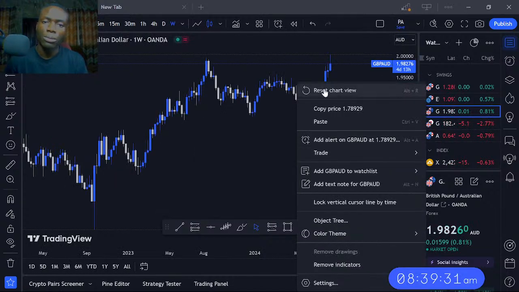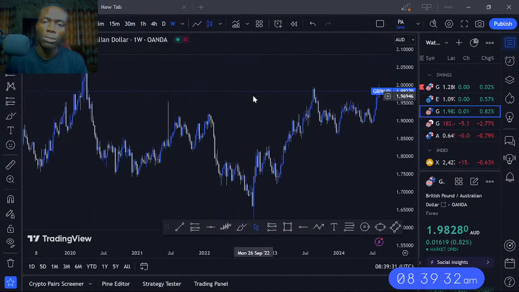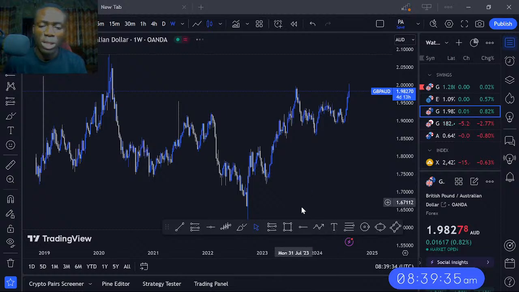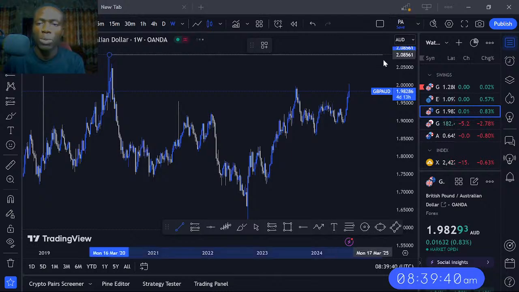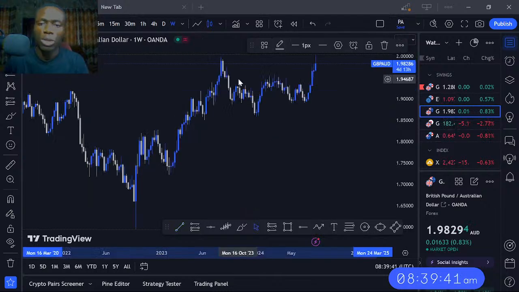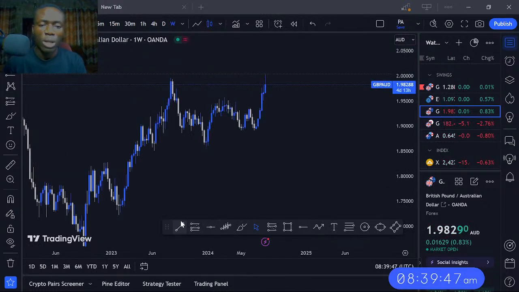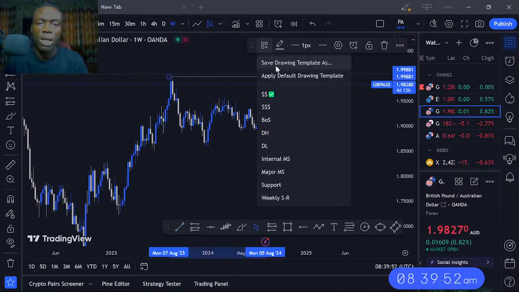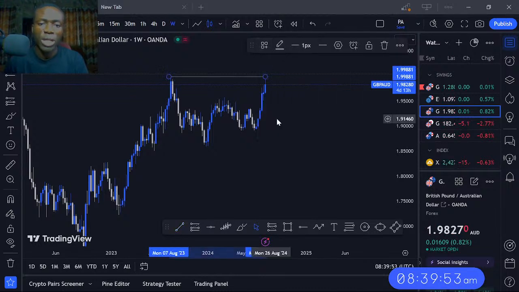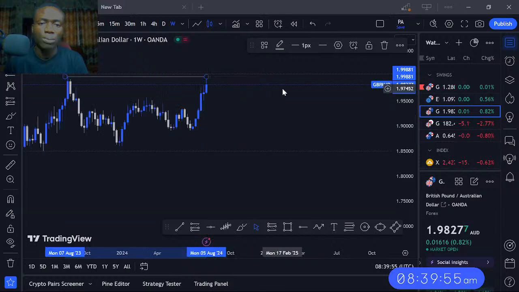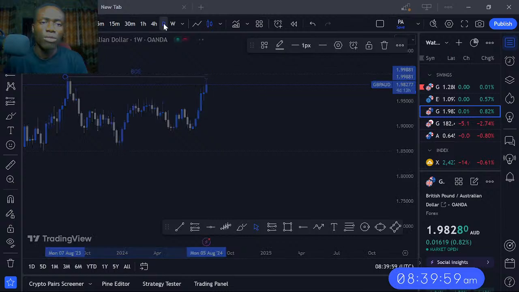On the weekly time frame, we have our highest point at this very top here on GBP AUD, and the market is still giving us uptrend vibes. You can see even on the weekly time frame, the market tapped that area but gave us an instant rejection. But that doesn't really count over here. So let me come back to the daily time frame from here.